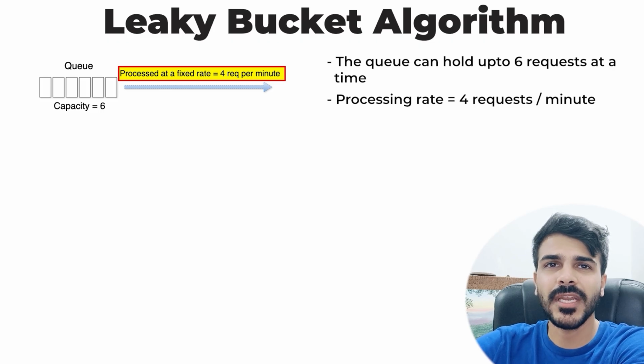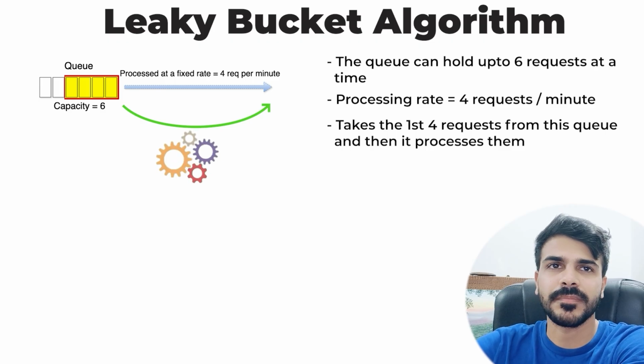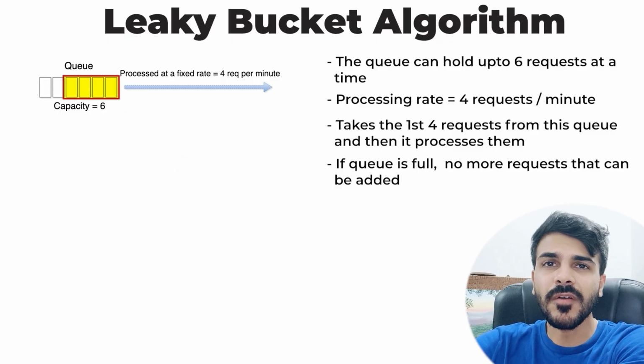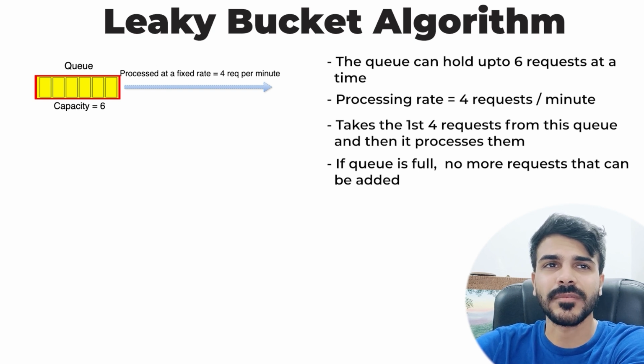So every minute, it takes the first 4 requests from this queue and processes them, or you can say it allows them. If our queue is already full, then no further requests can be added. Basically, all those requests would be rate limited.